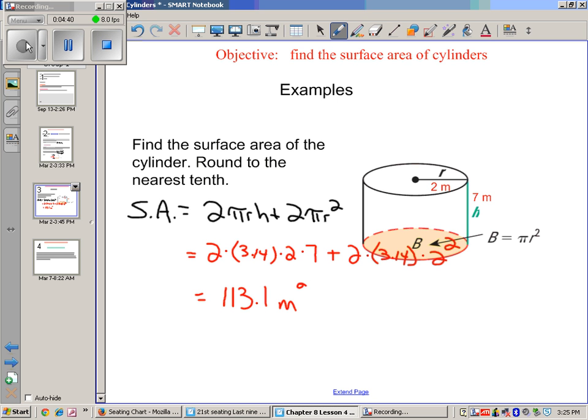Once again, it's about because we do have pi in our formula, so it's not exact. It's about 113.1 as we round pi to 3.14.